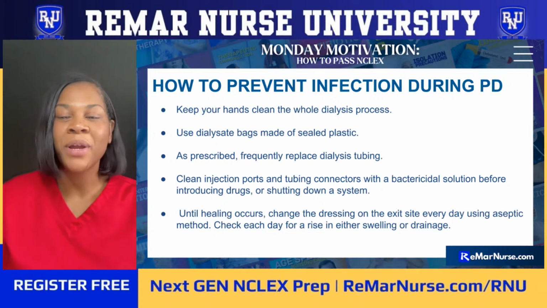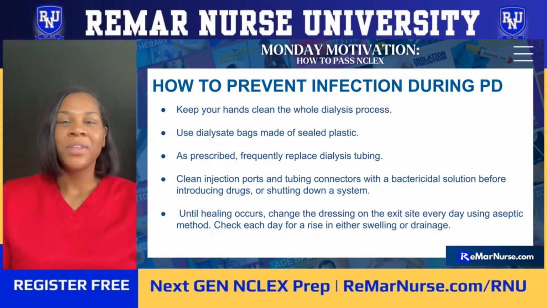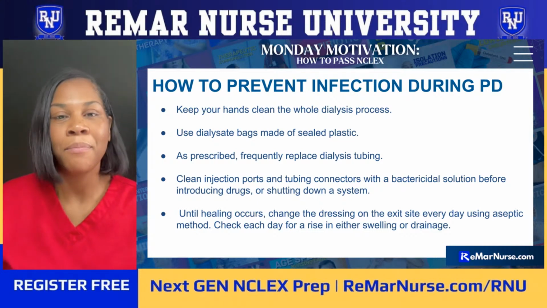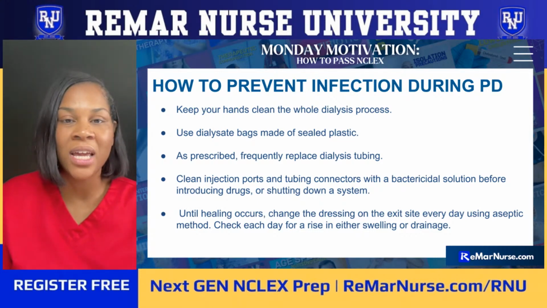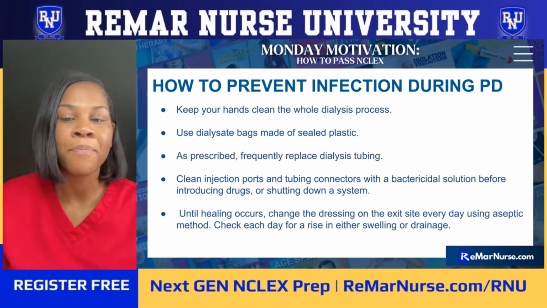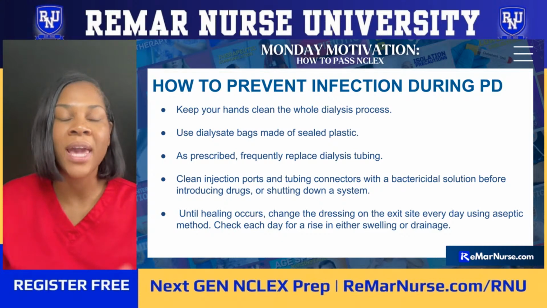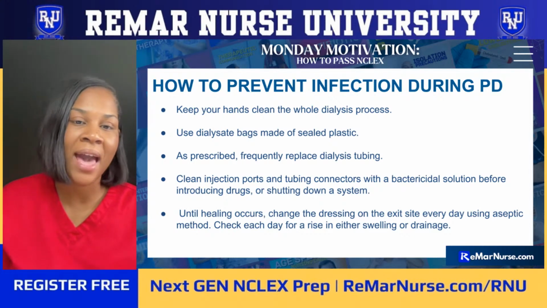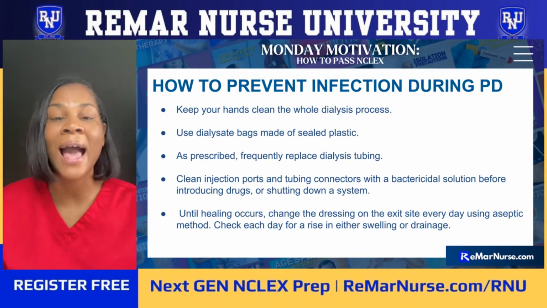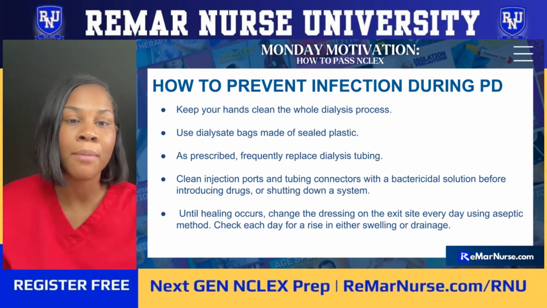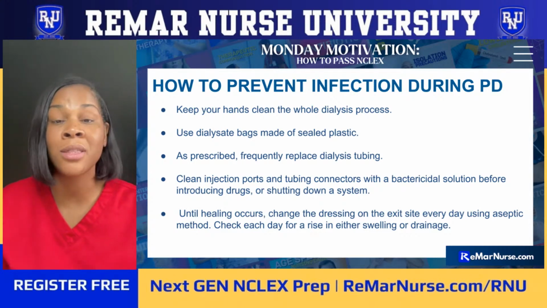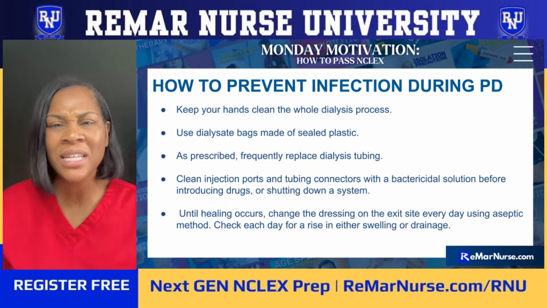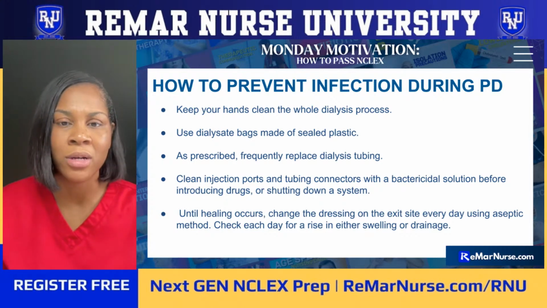All right. Anyways, peritoneal dialysis. Let's go back into it. How to prevent an infection during peritoneal dialysis. Because you are infiltrating the skin, you need to keep your hands clean during the entire process. The dialysis bags are made of sealed plastic to help. As prescribed, you're replacing the tubing very frequently. Some of these things are just common sense that we learn in nursing school.